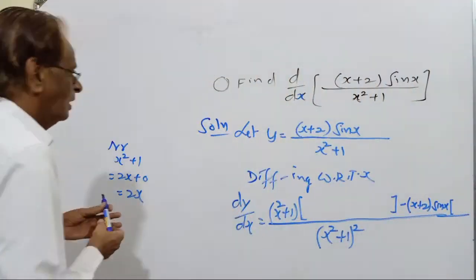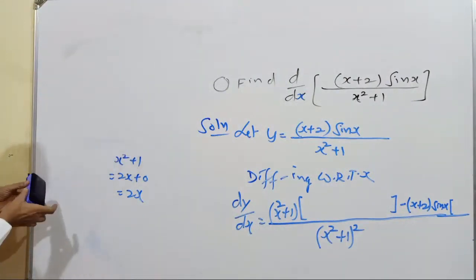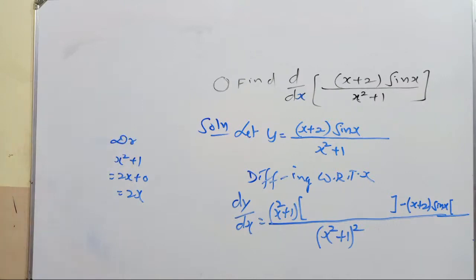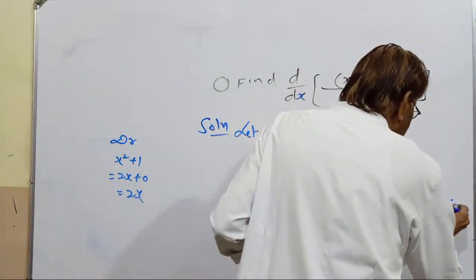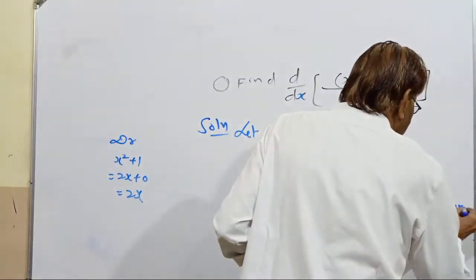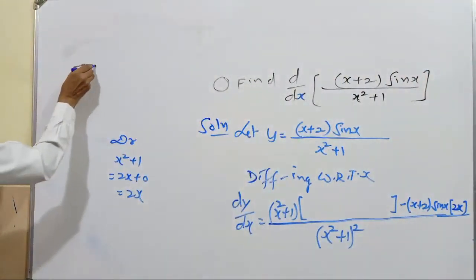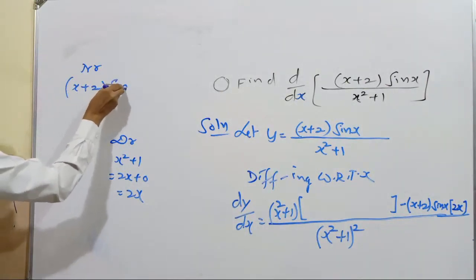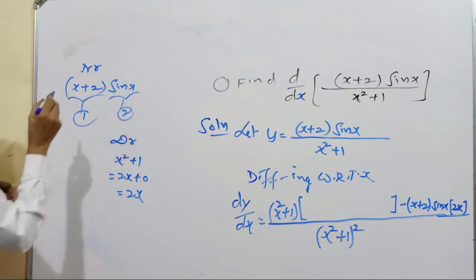Here we write the differentiation of the denominator with respect to x. The numerator is (x plus 2) into sin x, a product. x plus 2 is the first function, sin x is the second function.